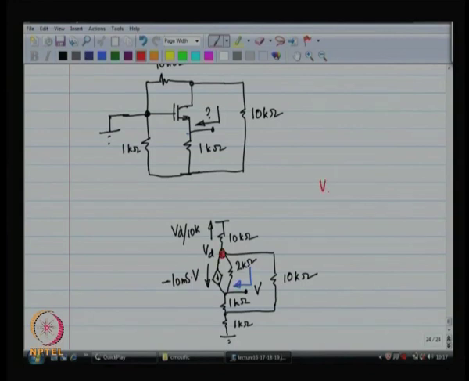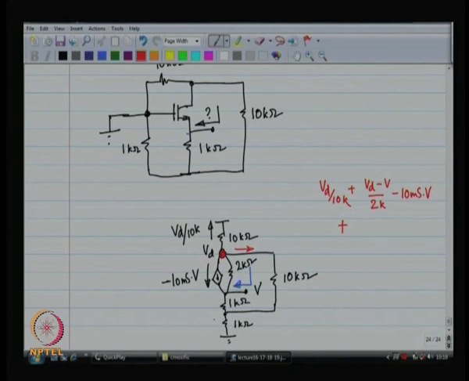So, I have got Vd by 10k plus (Vd minus V) by 2k minus 10 millisiemens times V, plus that plus this particular current.